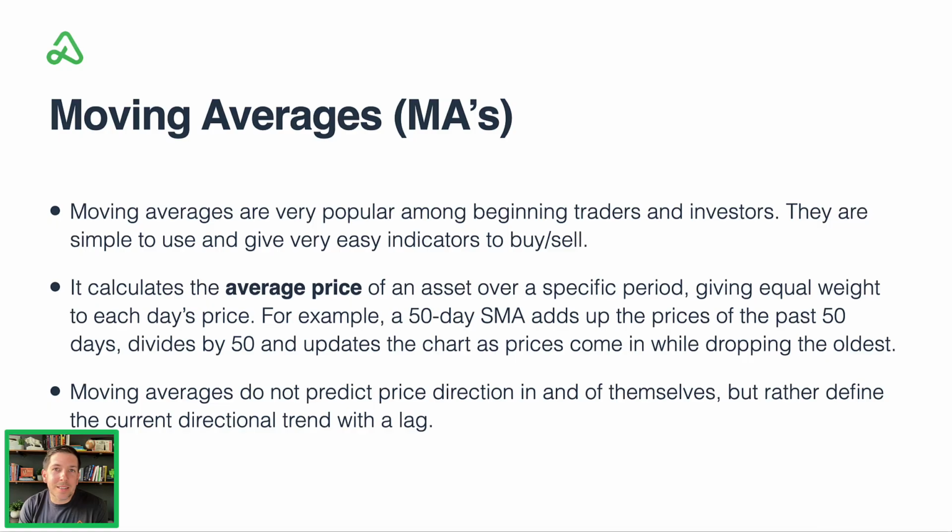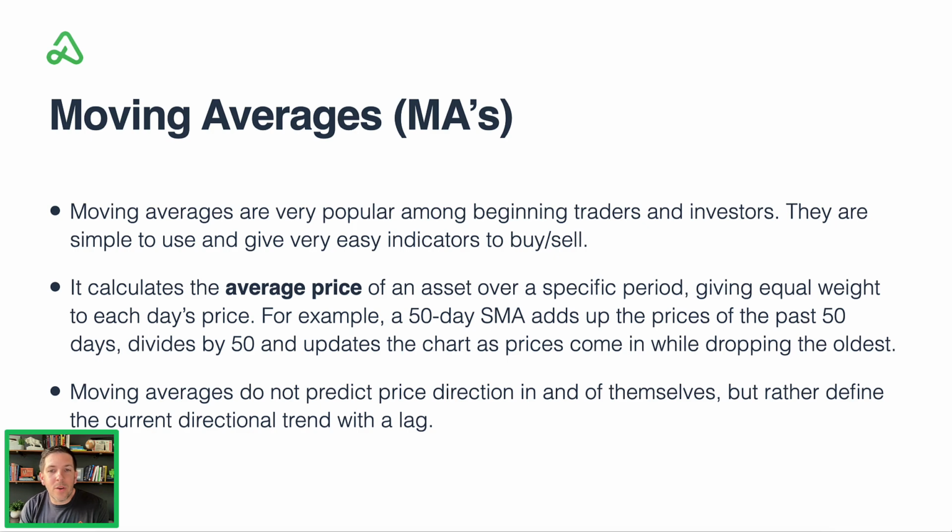And what it does is exactly what the name suggests. It takes the average price of a particular security, asset, stock, ETF, whatever it is, and gives equal weight to each day's price and just plots a line of the average price over time.